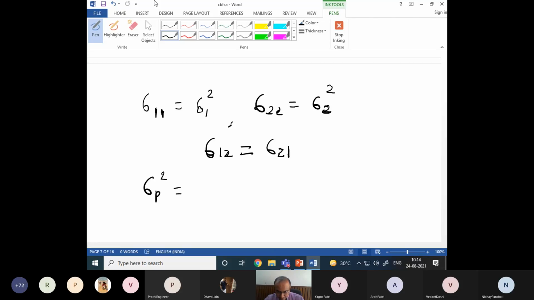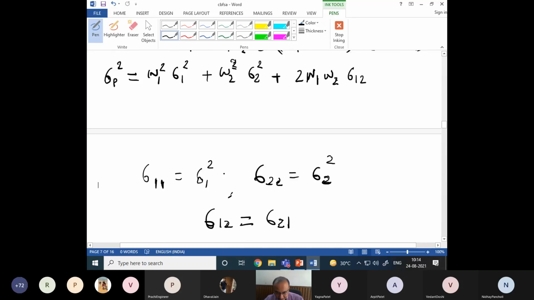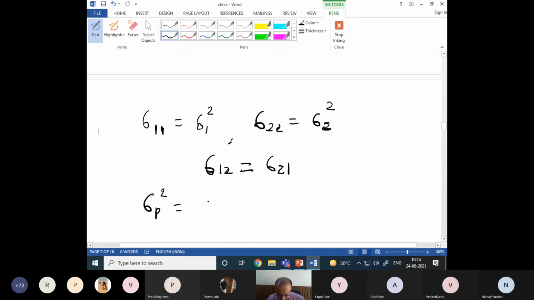So let me recall all this, and now we rewrite this equation: sigma p square is equal to W1 square sigma 1 square, so let me write it as W1 into W1 into sigma 1 1.